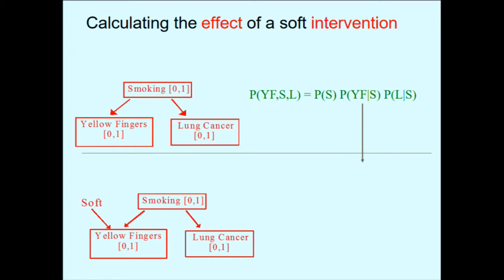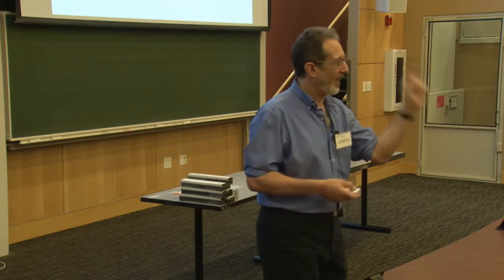So be precise. It's yellow fingers given exactly what? I? No, there's no I because it's soft. Okay, so it's yellow fingers. Oh, bad choice of symbols, sorry. Red S. So you say it's yellow fingers given red S. Anybody else? And the green S. That's the answer.